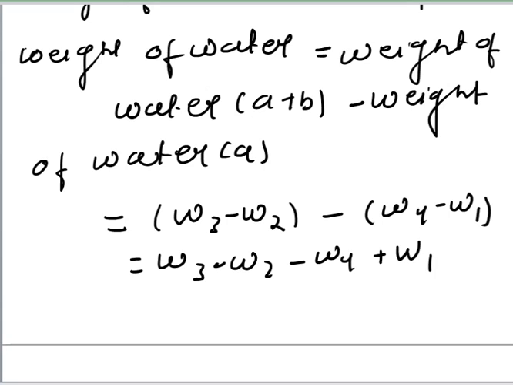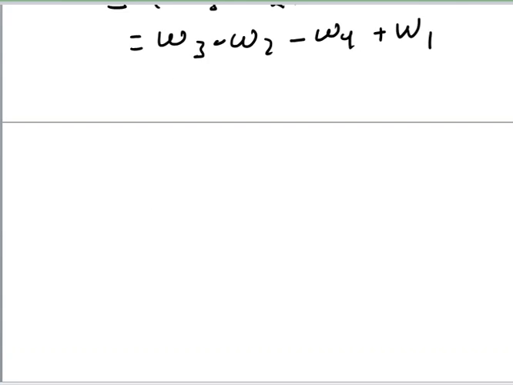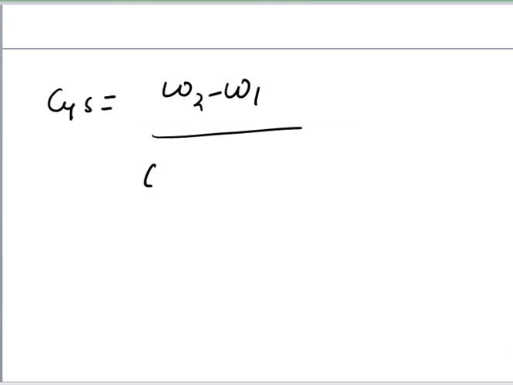So how will you get the Gs value? Gs will be W2 minus W1 divided by the expression W4 minus W1 minus W3 minus W2.